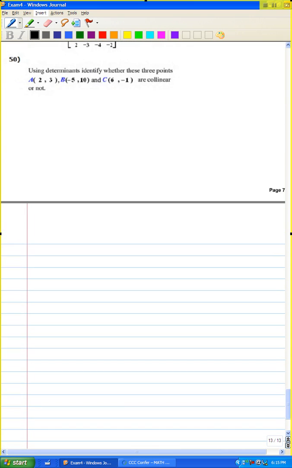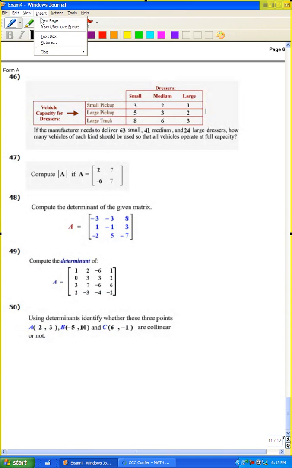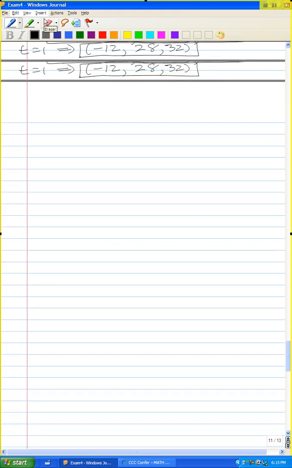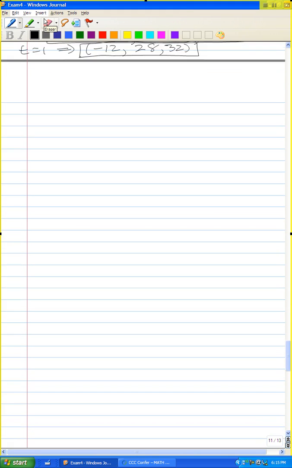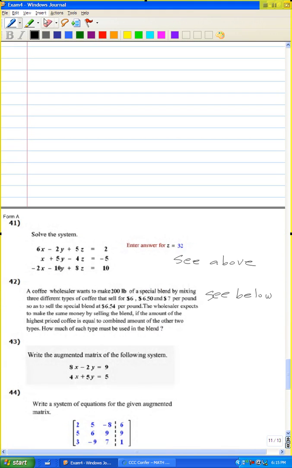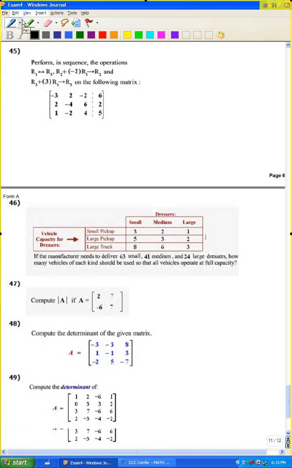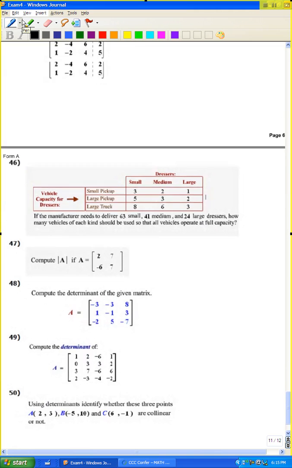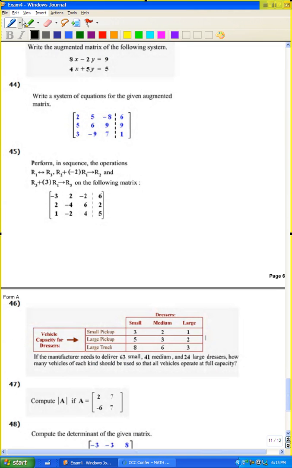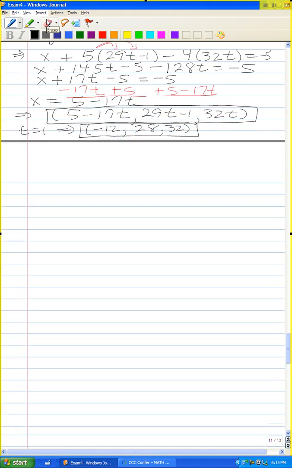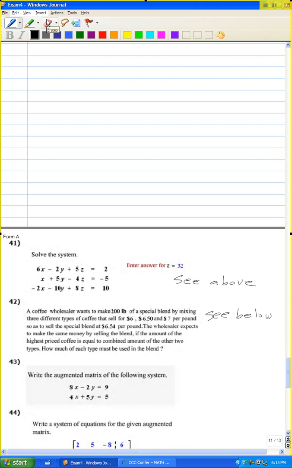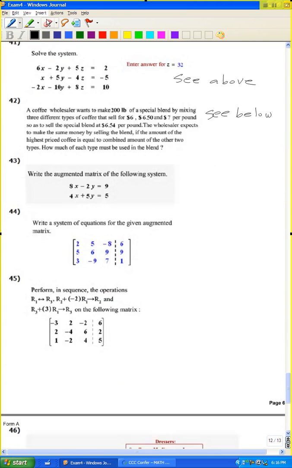Oops. Okay. See below. Oh, I see. I should have allowed undo new page. No, I think that's correct, right? Well, whatever.